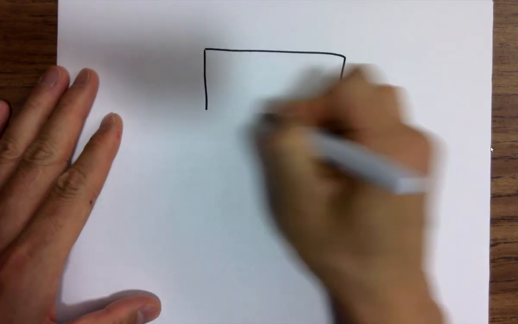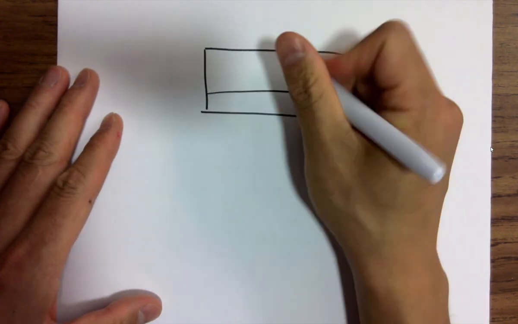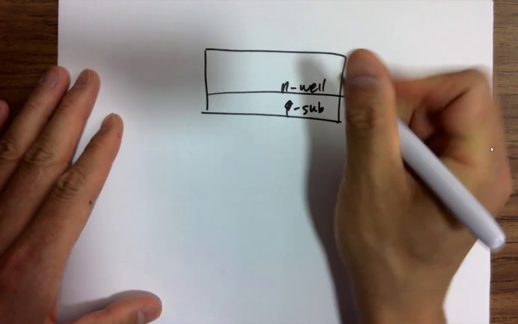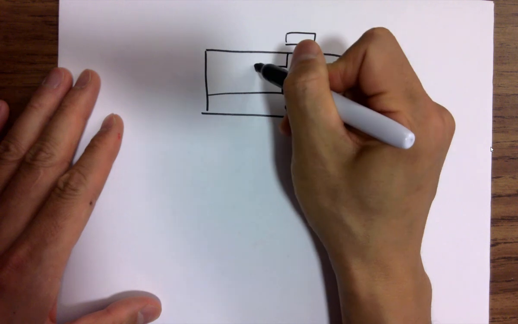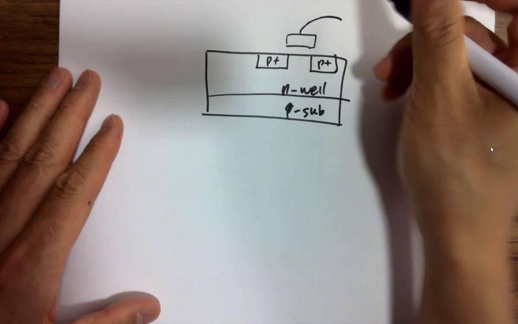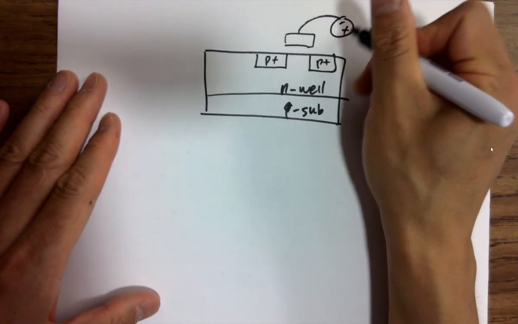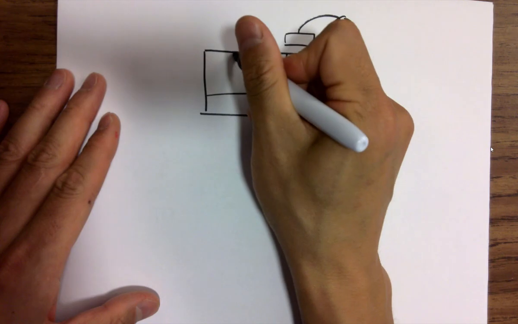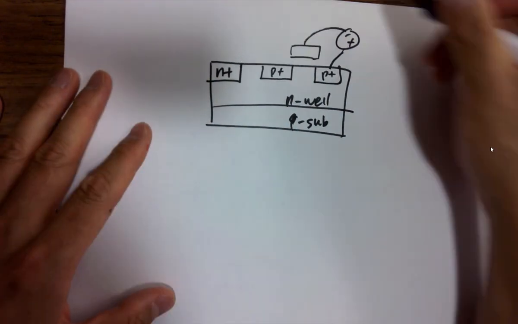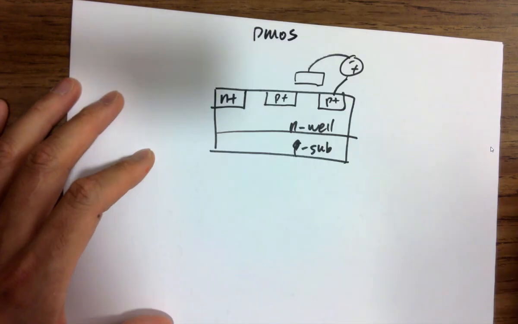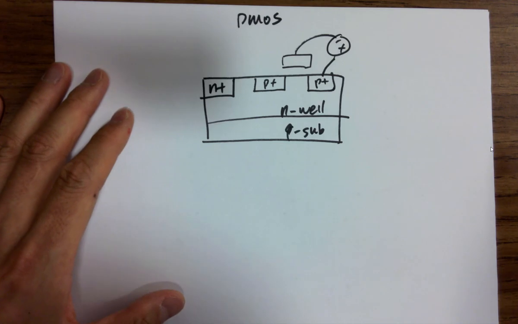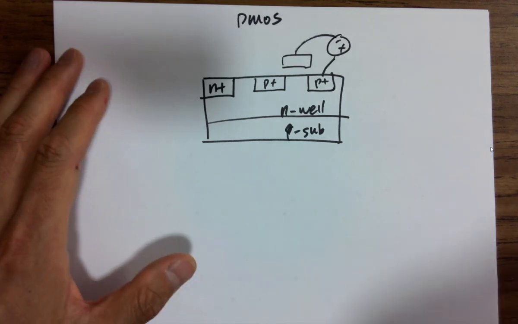PMOS need to be in a well. So PMOSs are being placed in the N well, NMOSs are being placed in the P well or P sub.